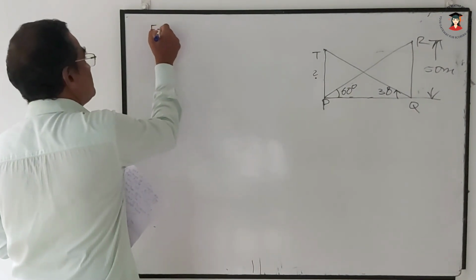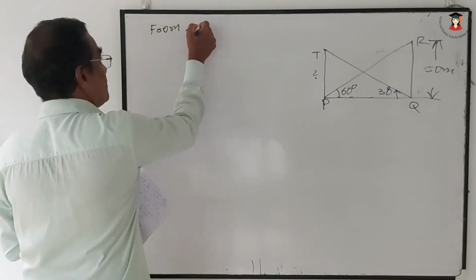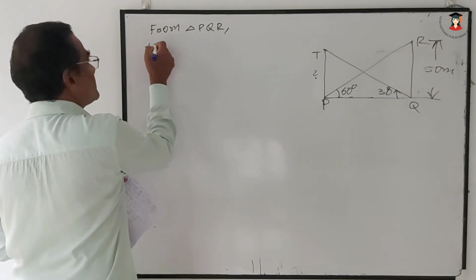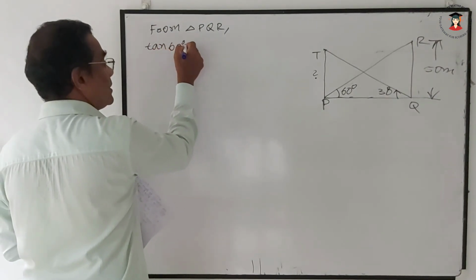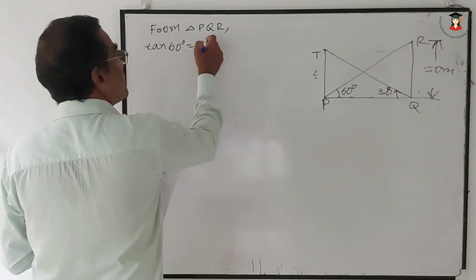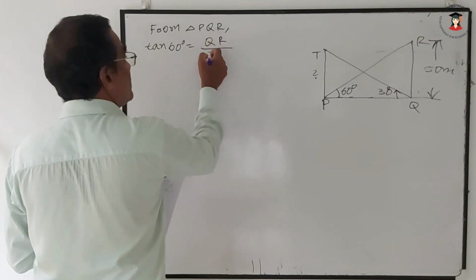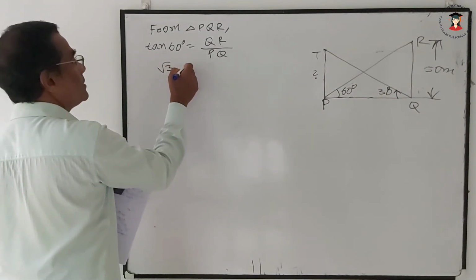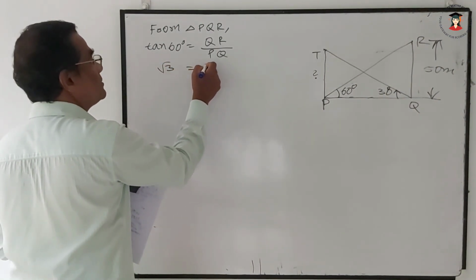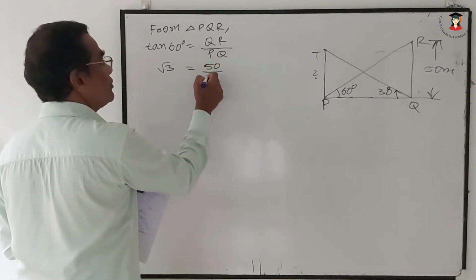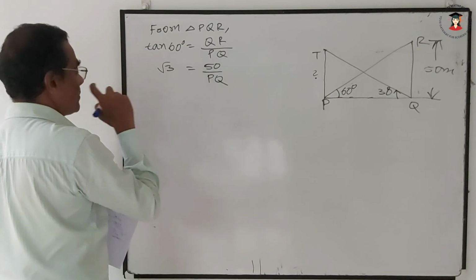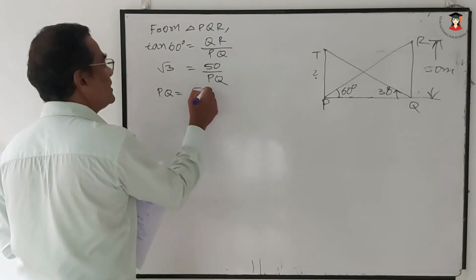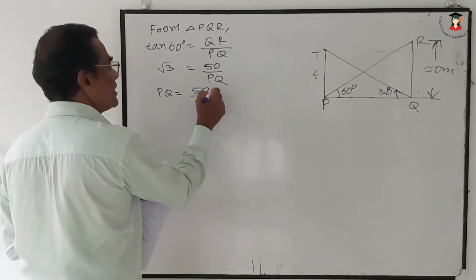From triangle PQR, tan 60 degree equal to QR by PQ. Tan 60 is √3. QR is 50. PQ we do not know. So by cross multiplication, PQ will be equal to 50 by √3 meter.